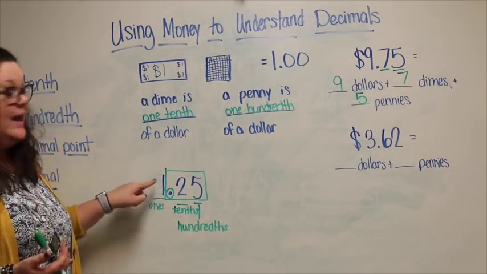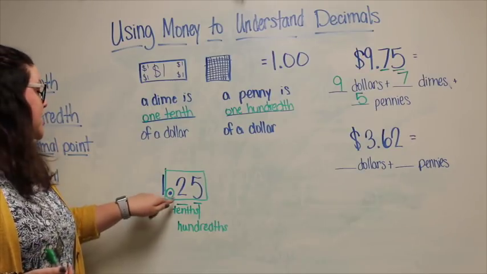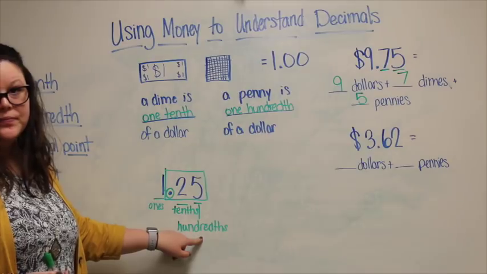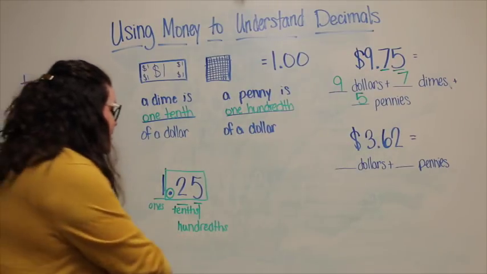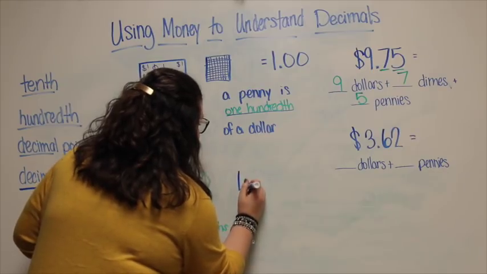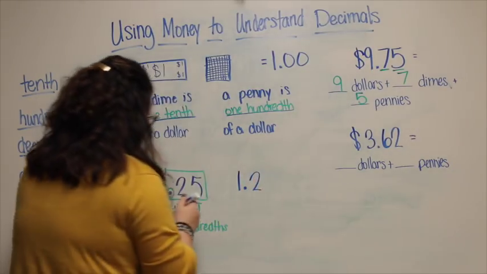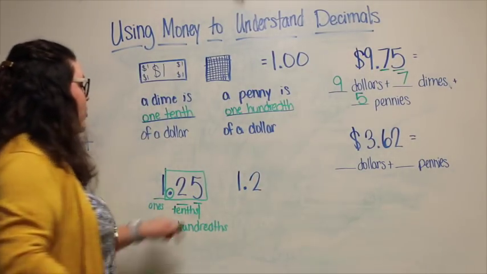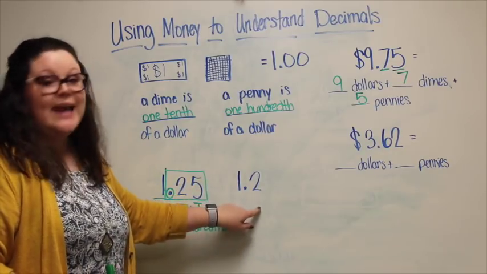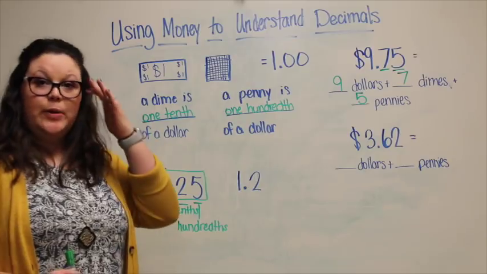So 1 and 25 hundredths. If I don't have anything in the hundredths place, I could say 1 and 2 tenths, because the 2 is in the tenths place.